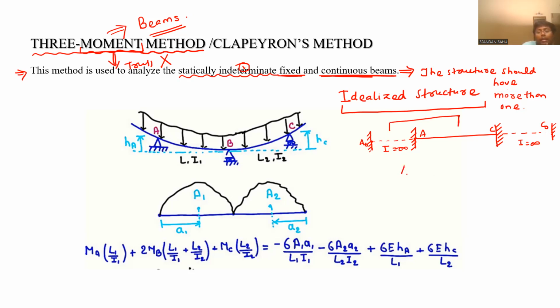First, A naught A and A C you can consider, and you will get one equation. Then A C and C C naught, you will get one more equation. So can you solve? Yes, sir. So one span is also possible.